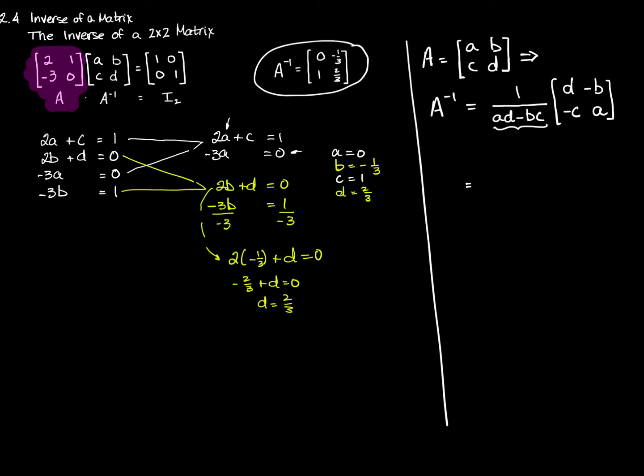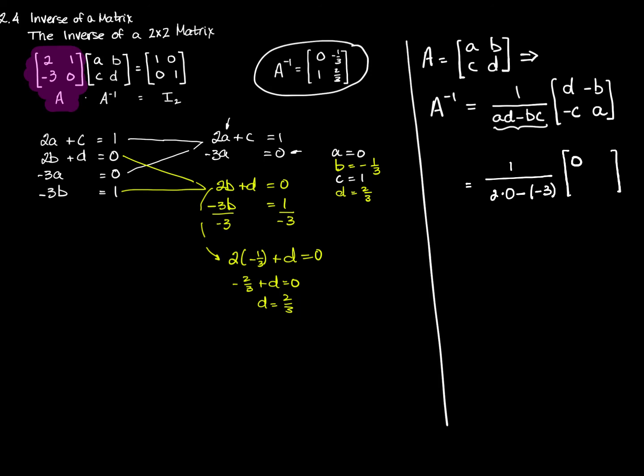So I'm going to have 1 over A times D, which is 2 times 0, minus B times C, which is 1 times -3. 1 times -3 is -3. And then I'm going to multiply that scalar by the matrix.